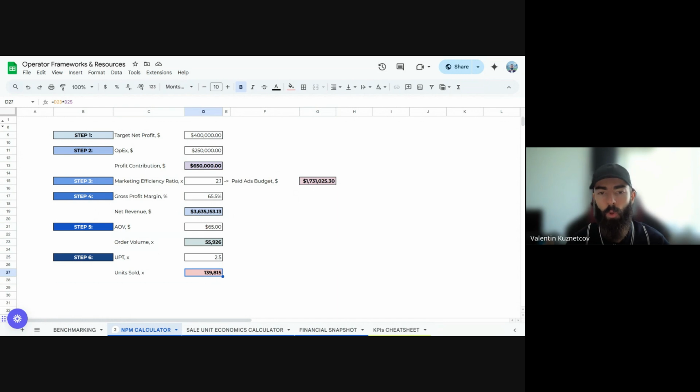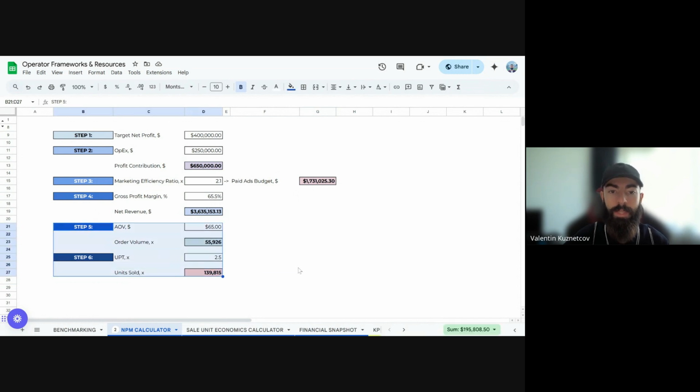And again, depending on your product portfolio and the catalog and how many different products you sell, that could be distributed across different variants, different SKUs. So you would have to look at sales distribution and calculate the actual breakdown of units by product. But again, it's more advanced, right?